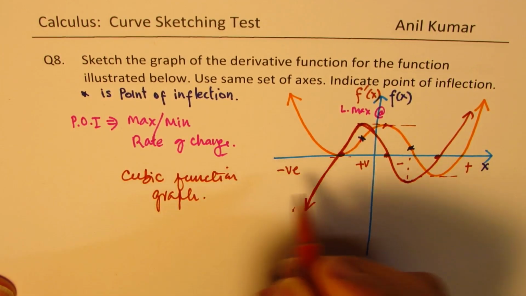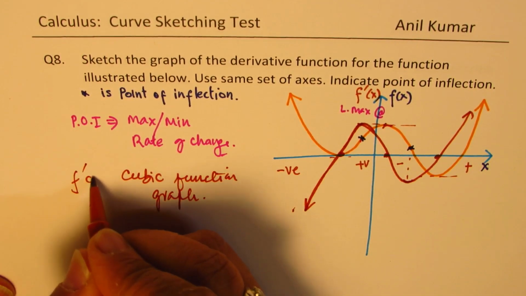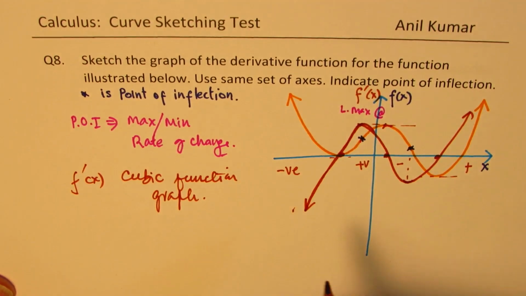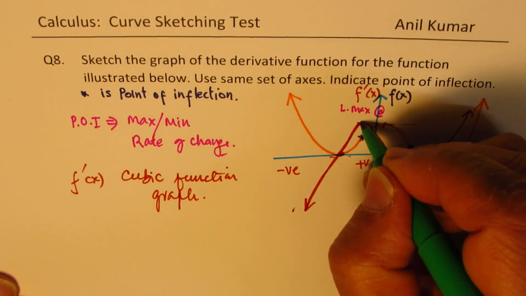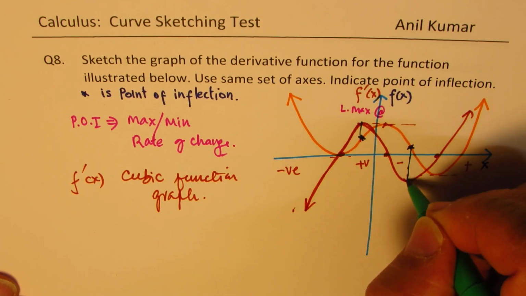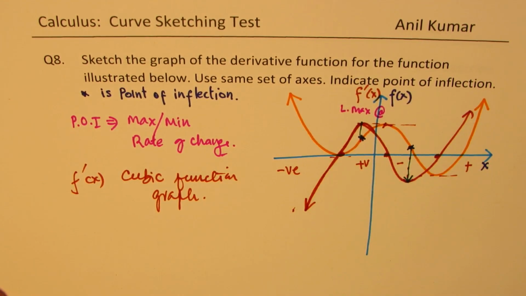So nicely sketch a cubic function graph for the derivative of this function with zeros as indicated and those matching with the point of inflections, the maximum minimum values. Is that clear to you? Correct? So that is how you're going to sketch the derivative of the function.